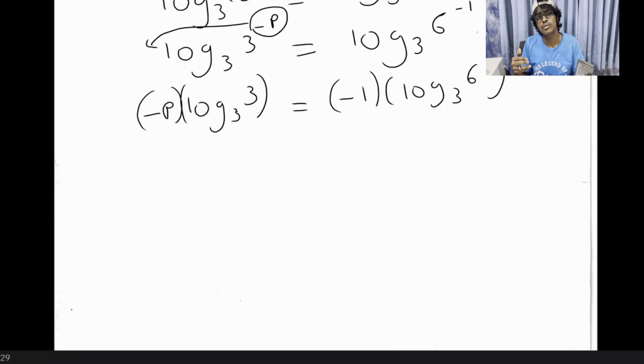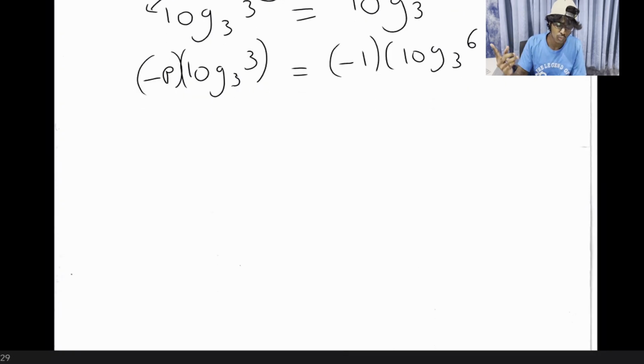It's like how when you type log 10 in your calculator, it shows 1, because the natural setting of the calculator, when you type logarithm, is base 10. So when you type 10 again, the base and the number are the same, meaning it is equivalent to 1. So log 3 3 is 1, and negative p times 1 is just negative p.